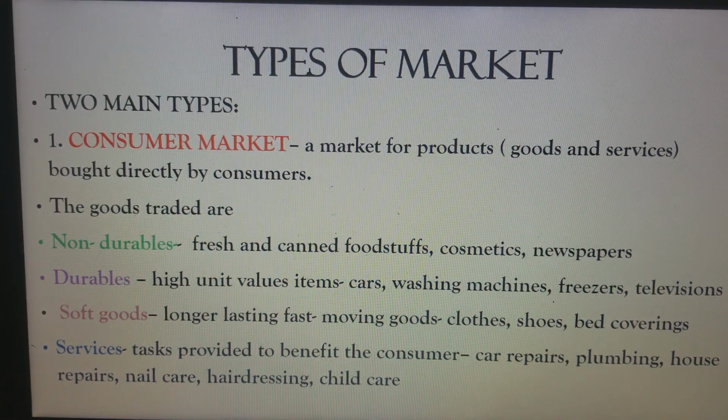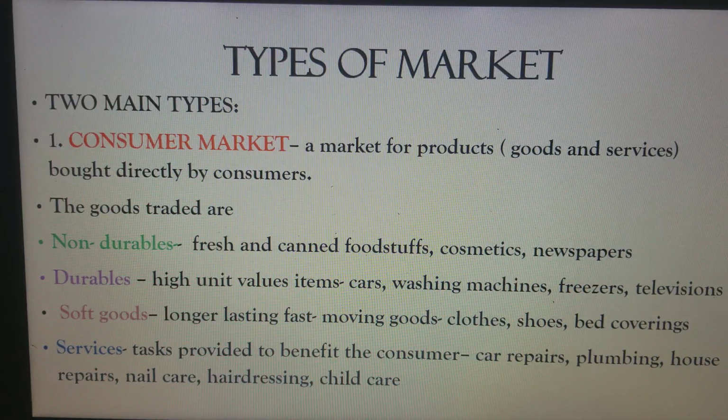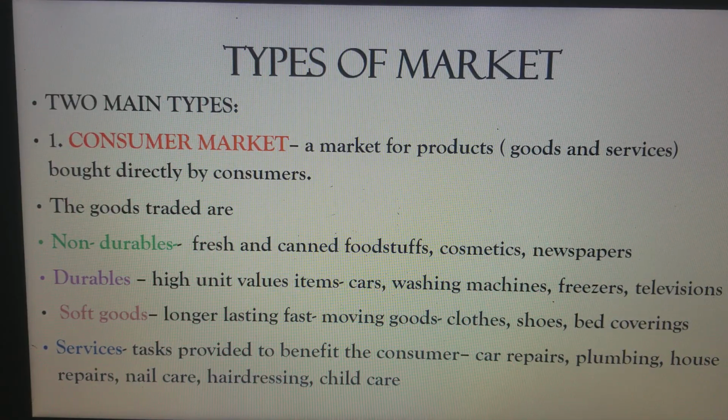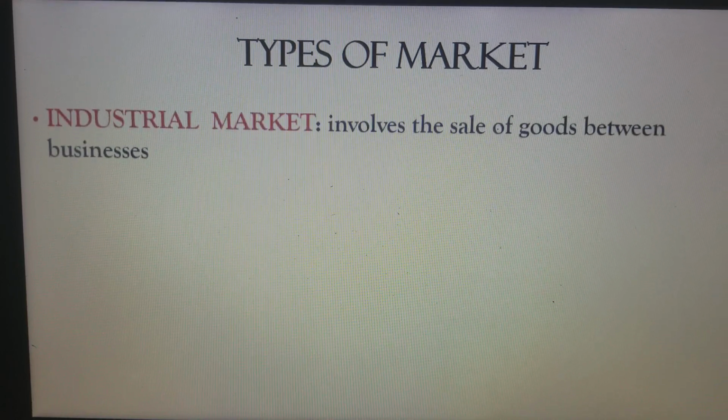Services are provided in the consumer market, and these are tasks provided to benefit the consumer, such as car repair, plumbing, house repairs, nail care, hairdressing, and child care. All of these are classifications of the kinds of goods and services offered in the consumer market. Let's move on.